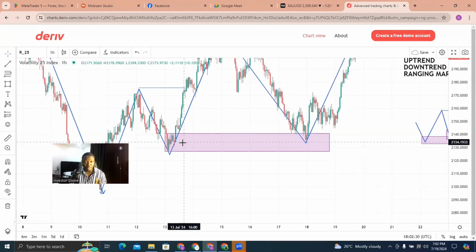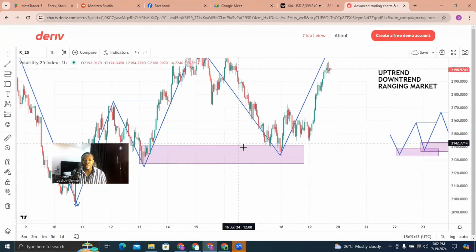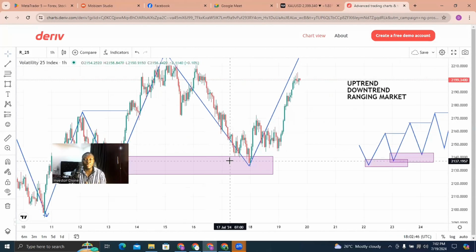Once you have identified your demand zone, what you are looking for inside it is called a bullish order block. So you can now enter the market from that bullish order block with a buy entry, a buy position. Then the market will tap in and continue to buy.